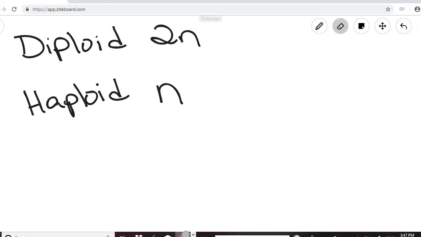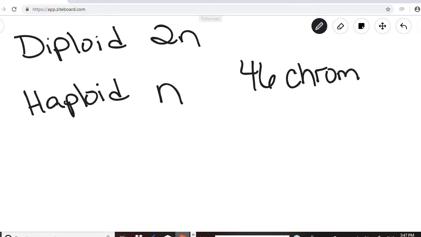So when we say that humans have 46 chromosomes, the 46 is the diploid number. So the total number of chromosomes in a diploid cell is a diploid number.